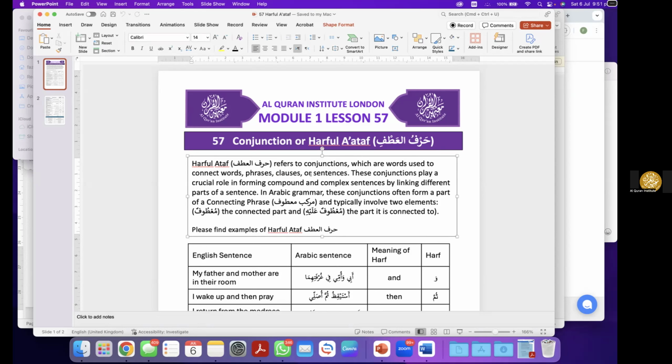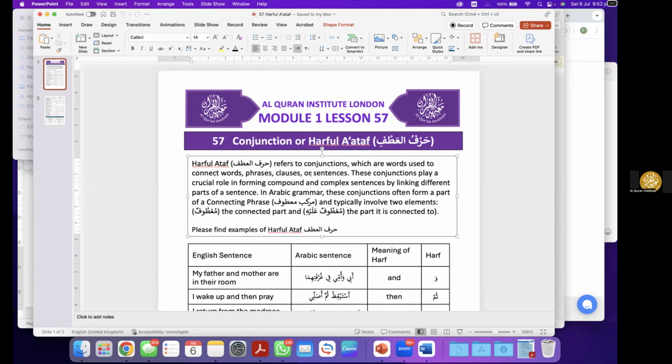What is the relative clause called in Arabic? Ismul mawsul, then silatul mawsul. The English name is relative clause. And within the silatul mawsul, there can be a full sentence. So word, phrase, clause, sentence.